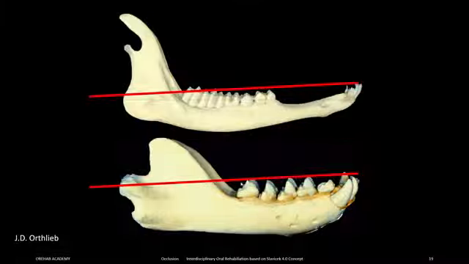Teeth are arranged very flat on one plane. So the distance of the occlusal plane, the TPO, in herbivores, which have to chew, is quite big, and here the distance is almost zero or zero.